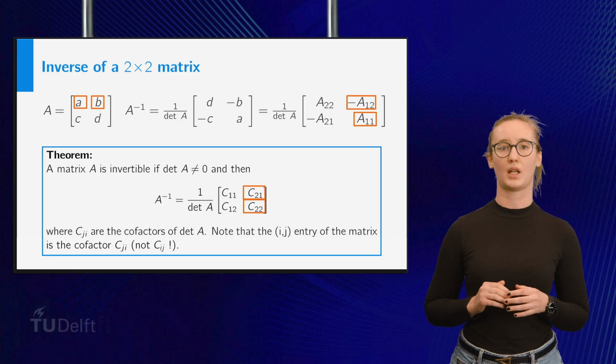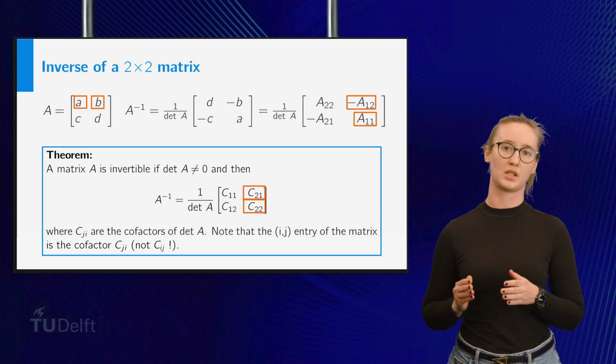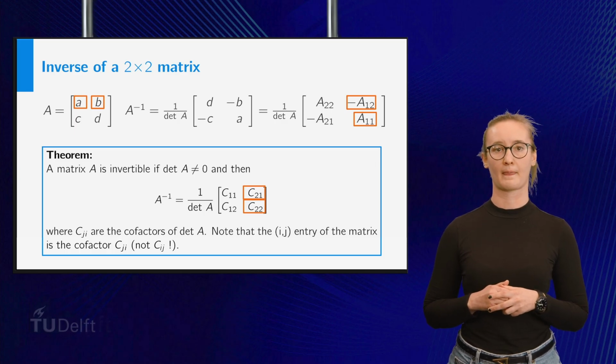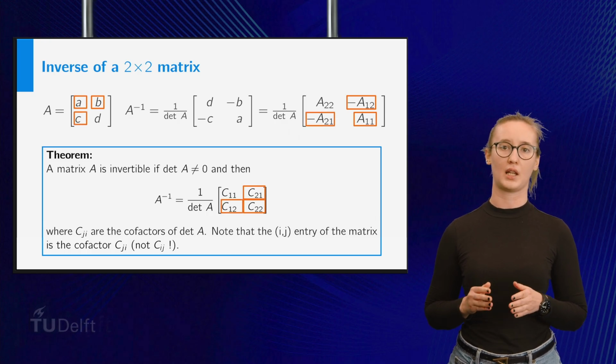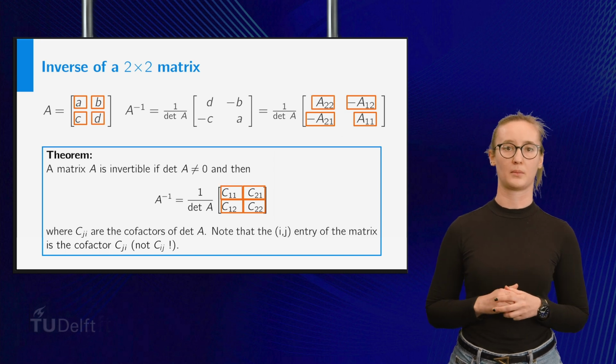With the same logic, the element a12 of the matrix A is a cofactor C21 of the matrix A with a minus sign. Remember that the cofactors have a plus or minus sign in their value. The same goes for the element a21 and for the element a22 of matrix A.